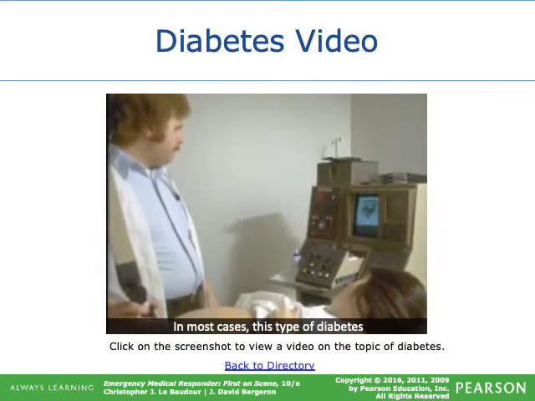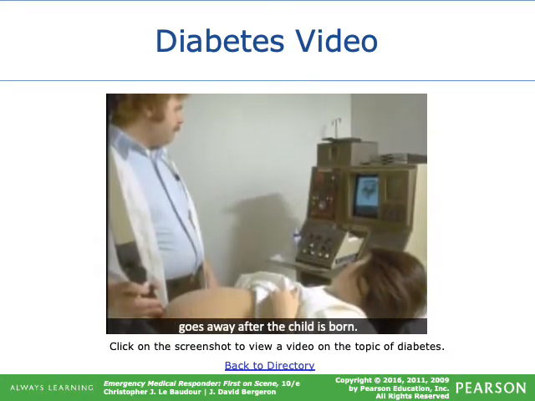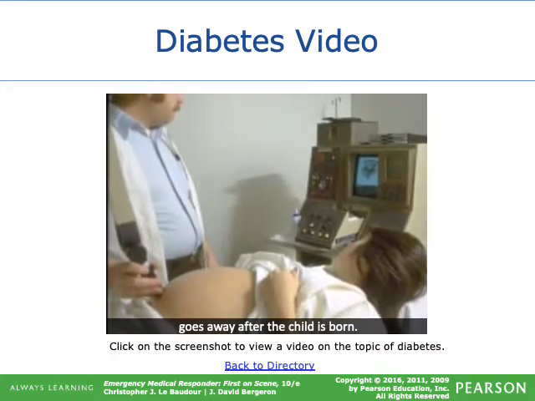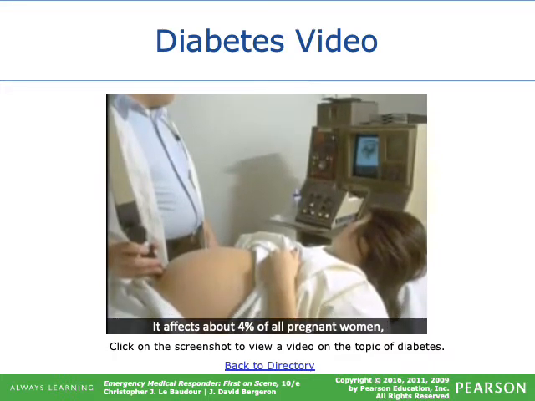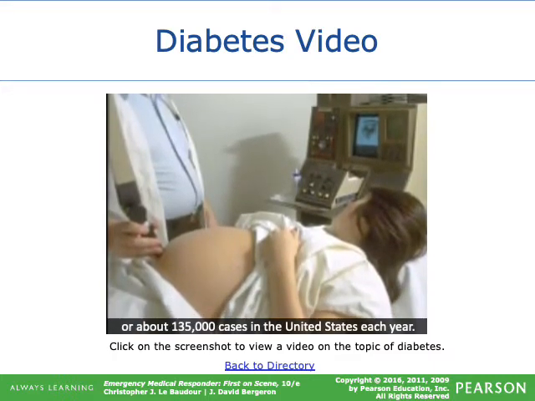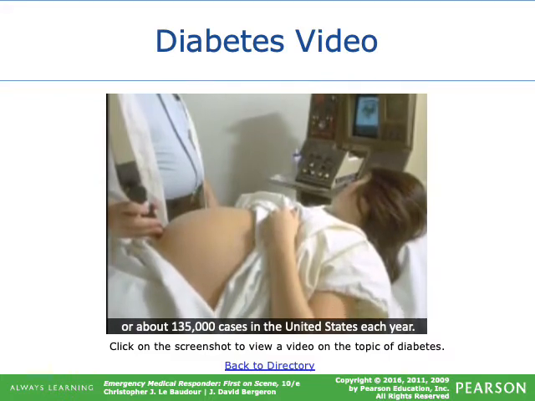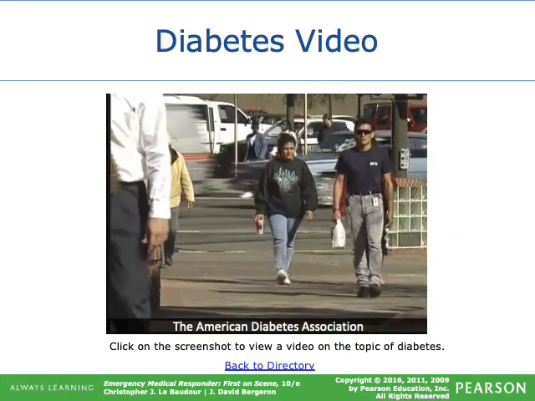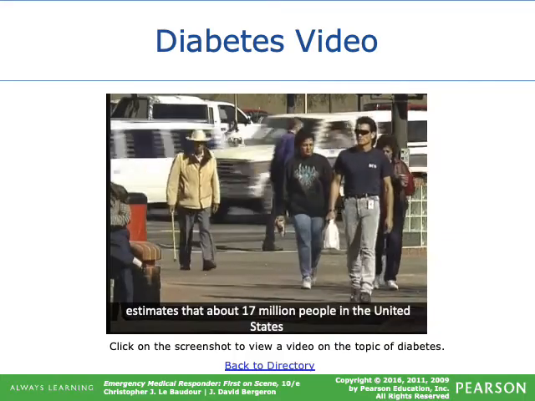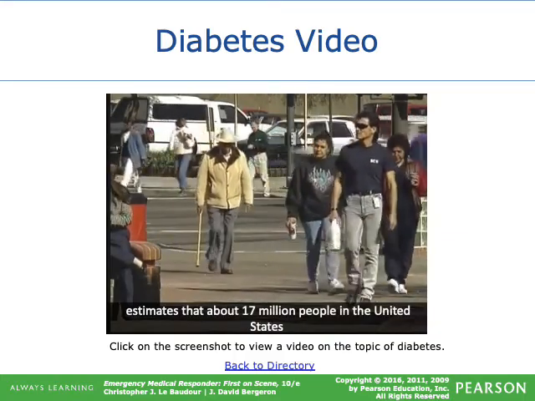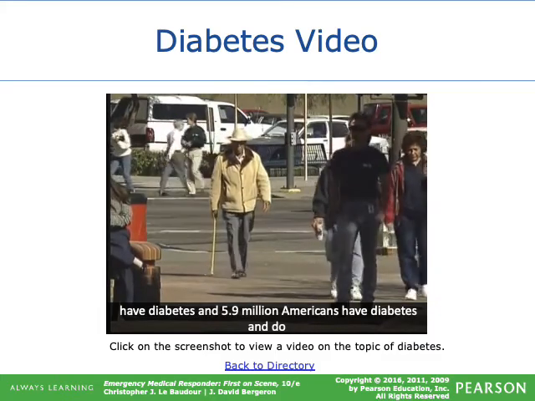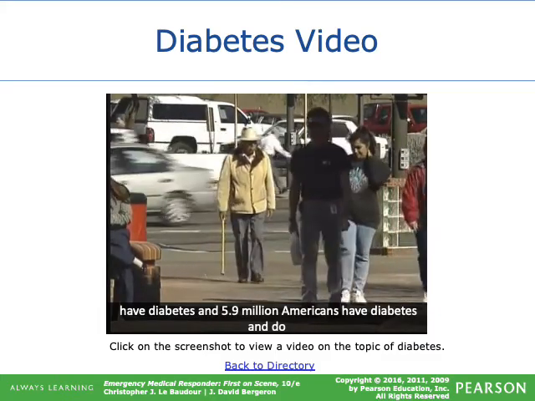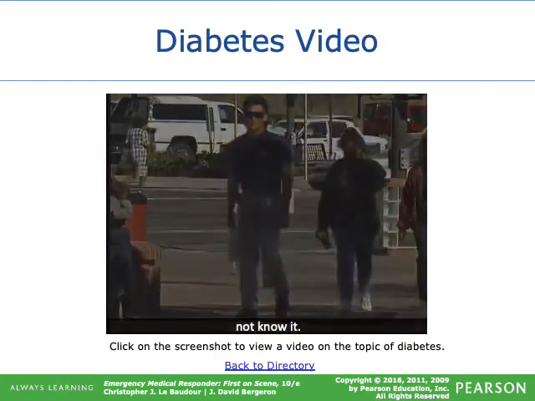In most cases, this type of diabetes goes away after the child is born. It affects about 4% of all pregnant women, or about 135,000 cases in the United States each year. The American Diabetes Association estimates that about 17 million people in the United States have diabetes, and 5.9 million Americans have diabetes and do not know it.